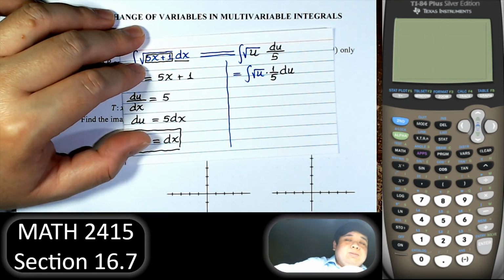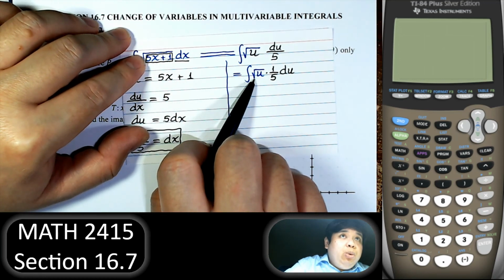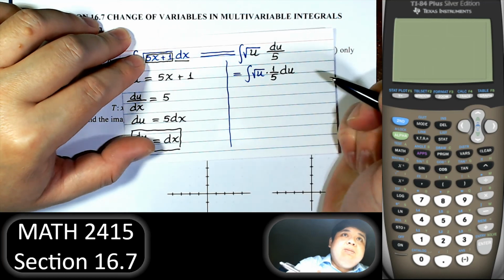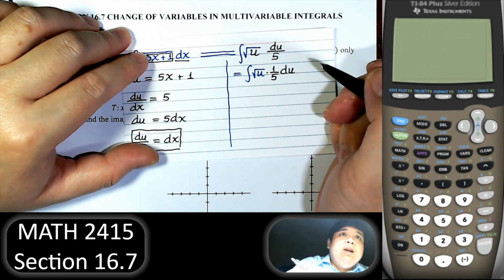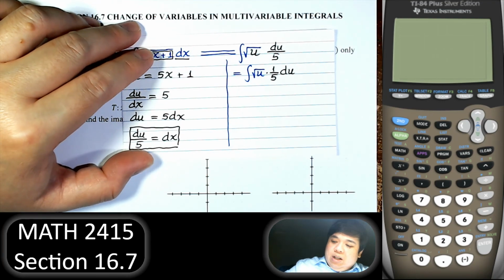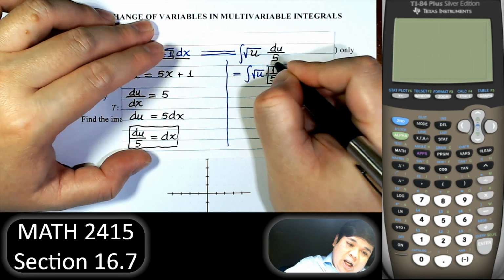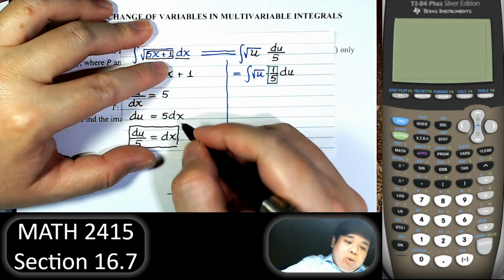So other than the substitution from x into u, we have the 1/5 and then du, right? So what is 1/5? Now let's focus on that. We have the derivative of u with respect to x is 5. This 1/5 is the reciprocal of that.